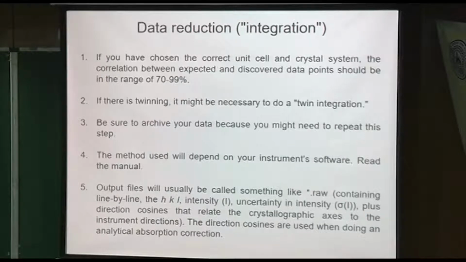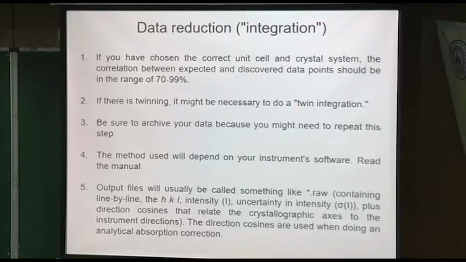So that's part of the data reduction process. Now the unit cell and crystal system is determined very early on. It's determined before you know the space group. That's sort of the first step. So it's possible that you won't even have the correct space group at that point or the correct crystal system until you've solved it. So you might need to go back and do this again.